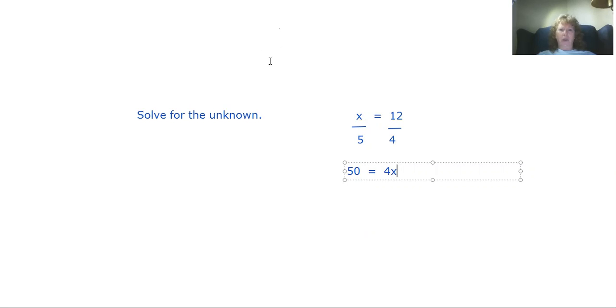If we want to remove the 4 from the x, we'll do the opposite of what the operation tells us to do. So right now we have multiply by 4, so we're going to divide by 4 on both sides. That will cancel these numbers, and we'll be left with 50 divided by 4.